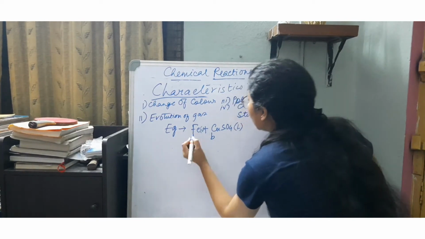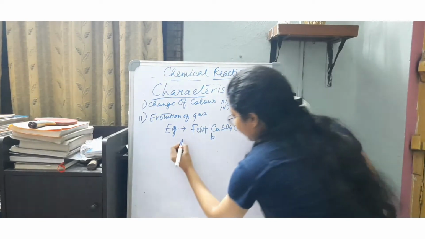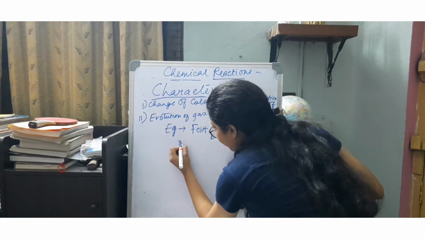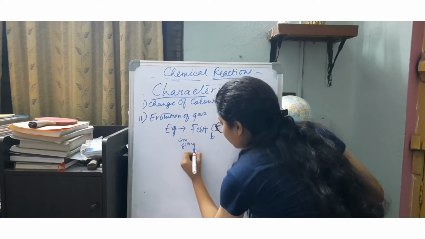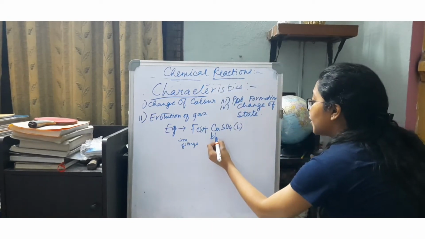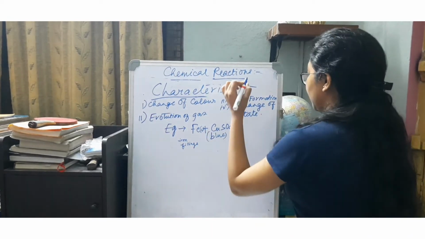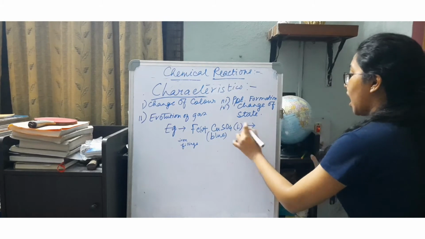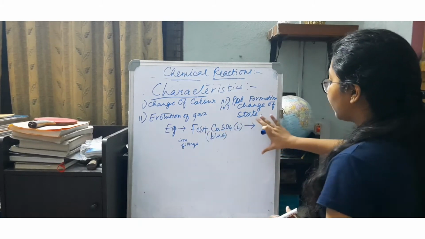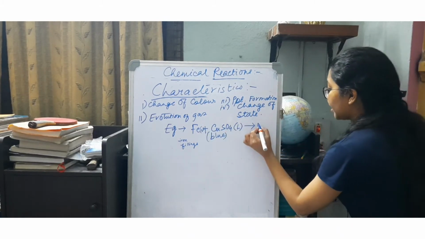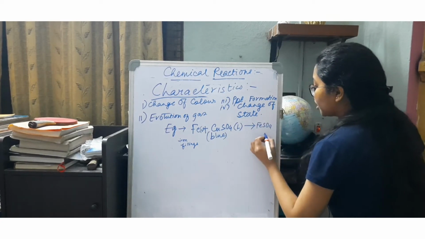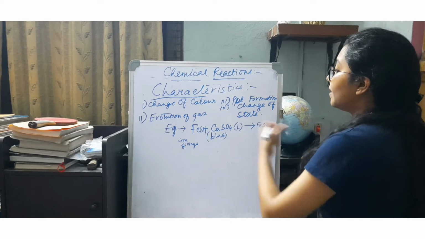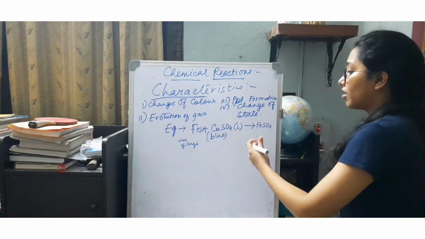If I take the iron filings, right, now this one has a blue color, but the moment iron reacts with CuSO4 and the reaction proceeds in the forward direction, FeSO4 is formed. And how do we understand that the reaction is actually occurring?